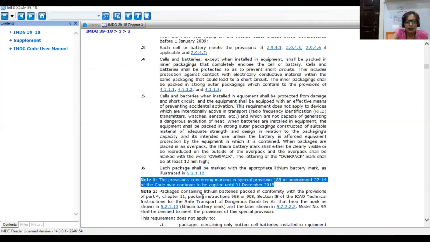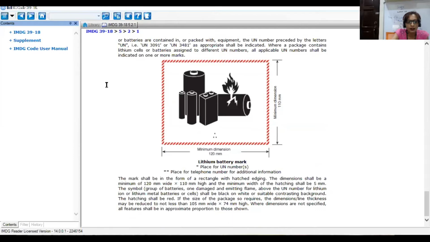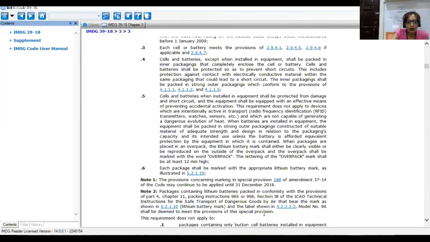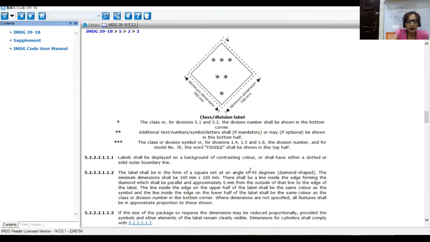And here, packages containing lithium batteries packed in conformity with the provisions in Part 4, Chapter 11, for packing instructions 965 and 968, this is for air cargo, the ICAO instructions for safe transport by air. They have given us the lithium battery marks for this, and they have also given us the label 9A.